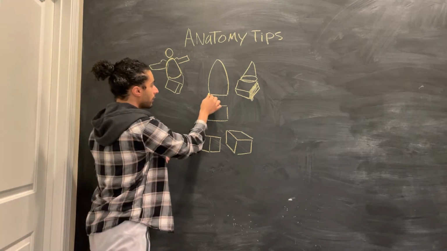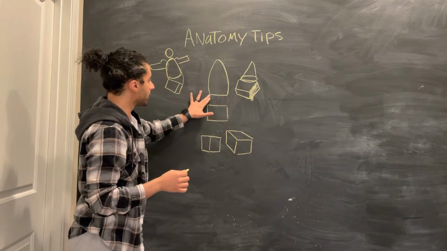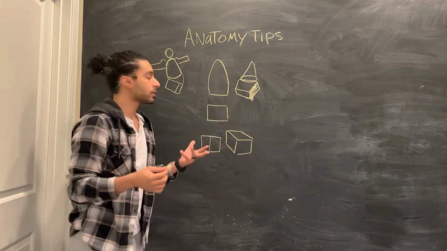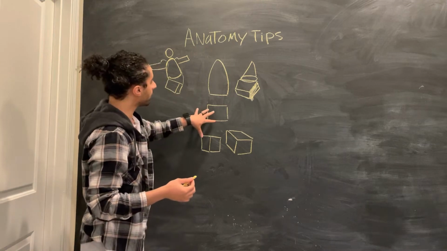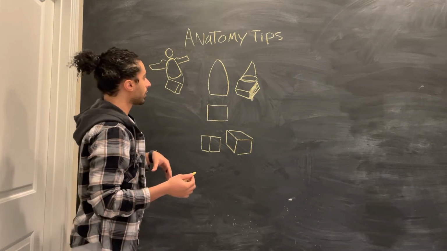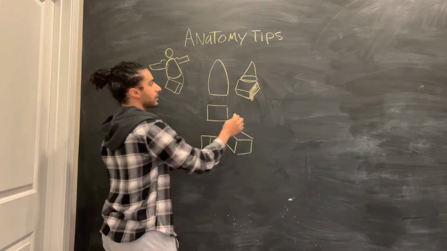Now, these forms here are going to be the squishy forms. Imagine having Play-Doh or putty in here, and these are going to be the hard forms that don't change. So think about that. Let's think about this sideways.